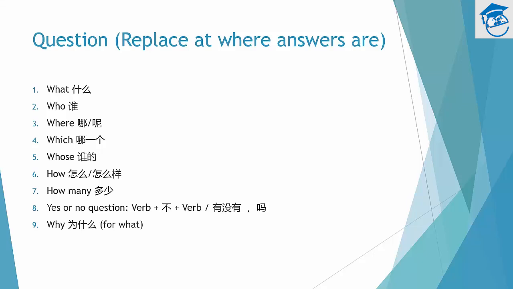To say why in Mandarin, it is 为什么. You have learned what 为 is. 为 is like "for". So to ask 为什么 is like "for what". To French speakers, it may be very familiar because why in French is just like "for what".